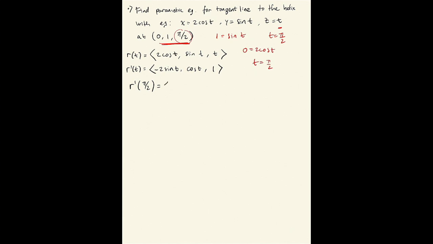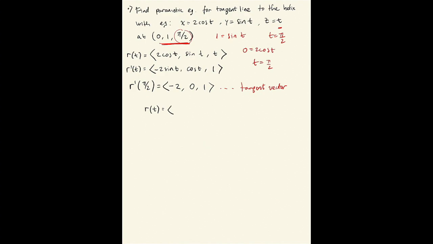We will get negative 2, 0, and it's just a number, a constant 1. We call this our tangent vector. So my vector function will be, let's say we start with the initial point 0, 1, pi over 2.